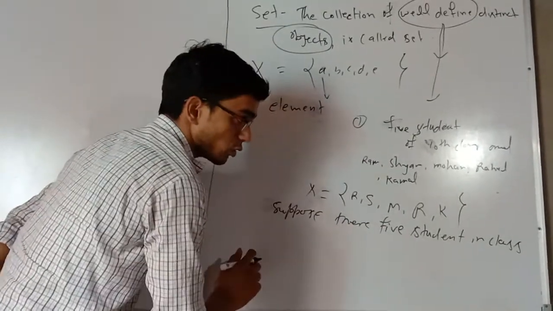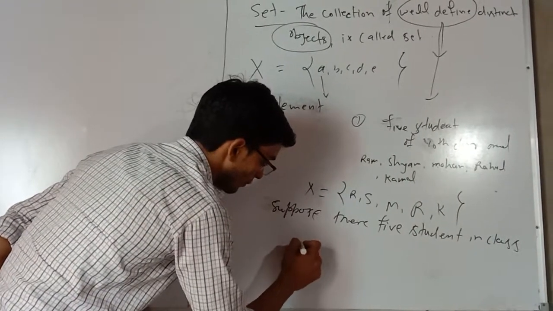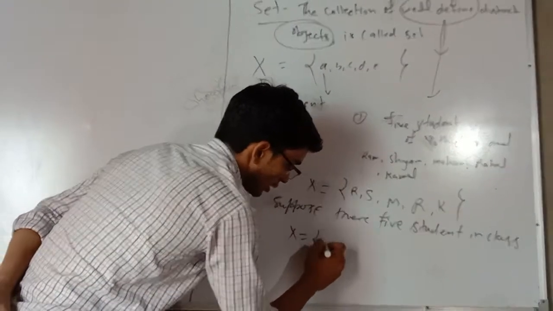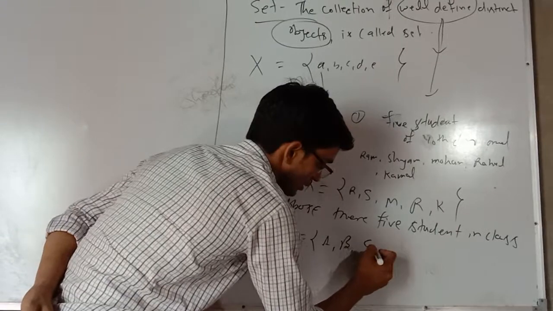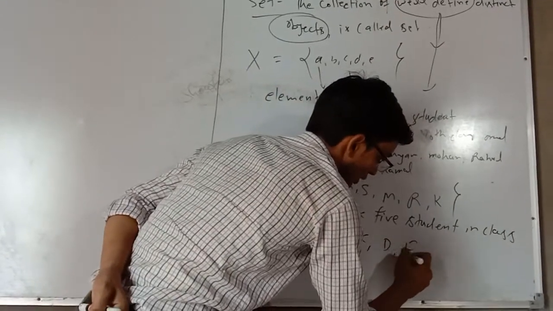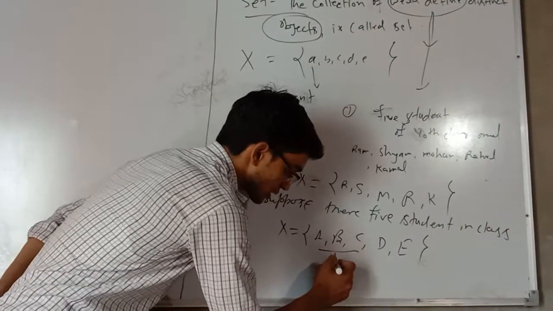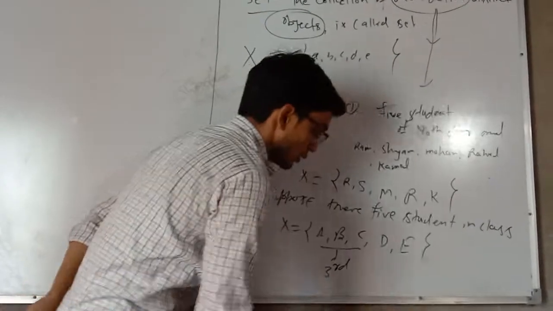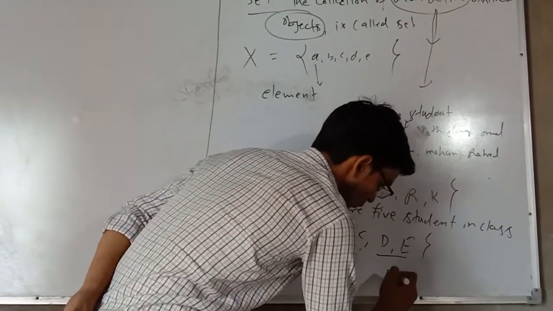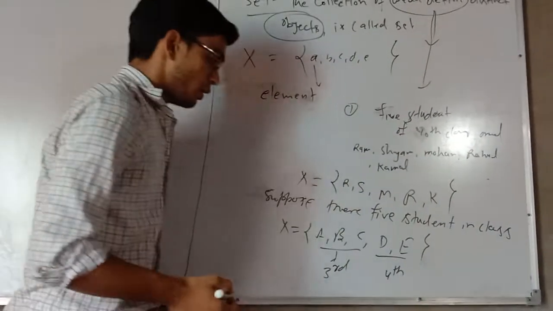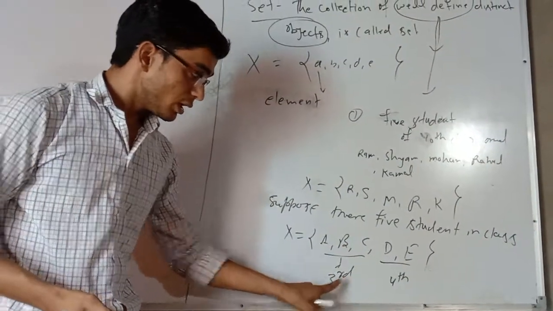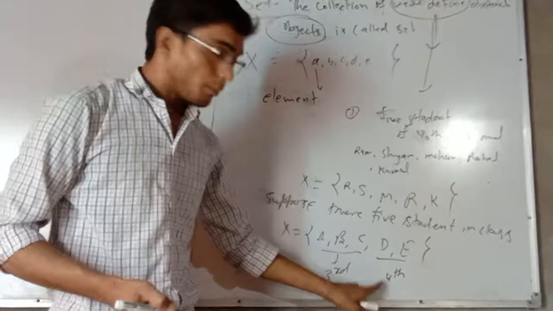Suppose there are 5 students in a class named A, B, C, D, and E. And here A, B, C are of class 3rd, and D, E are of class 4th.